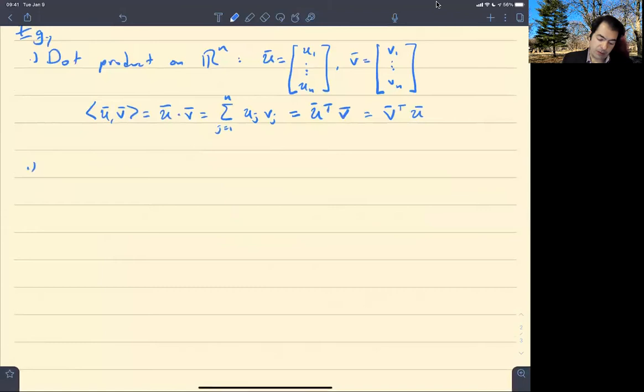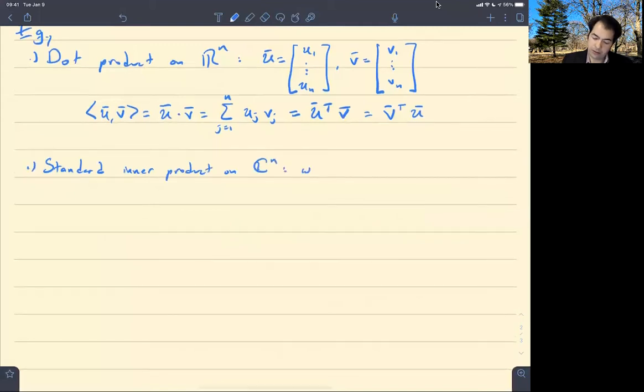The complex numbers have one too. We will call it the standard inner product on Cn. So here, very similar. Let's use different letters. Let's say that w is the vector with entries w1 through wn. These are n complex numbers. And let's say that z is the vector with entries z1 through zn, n complex numbers.